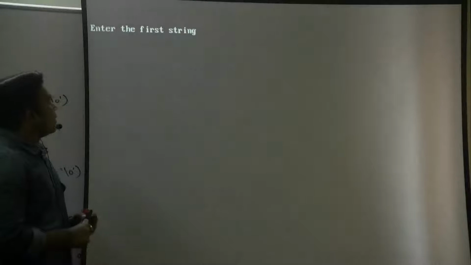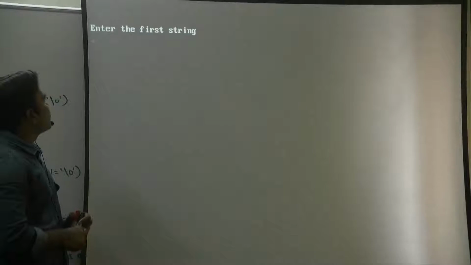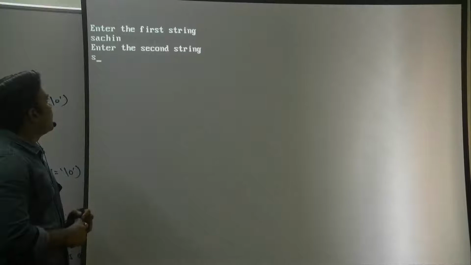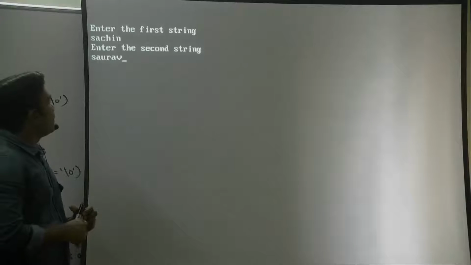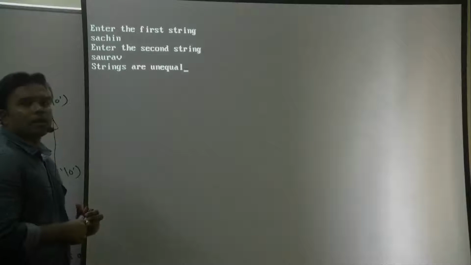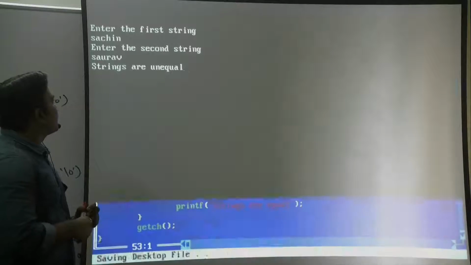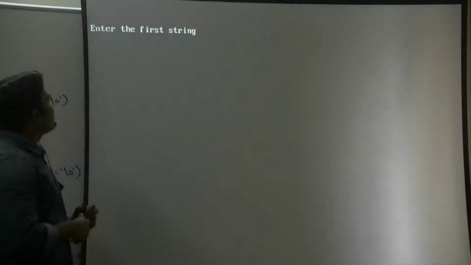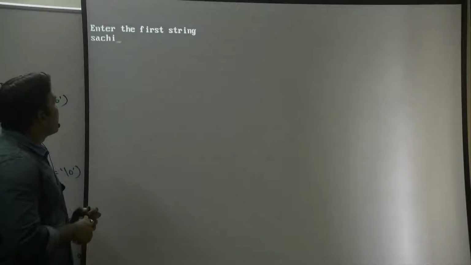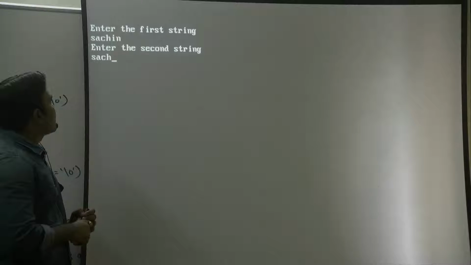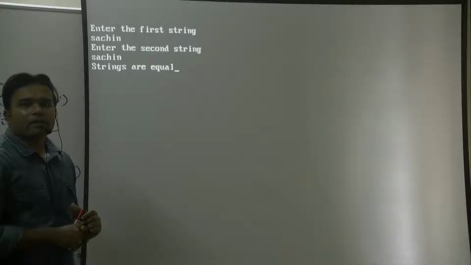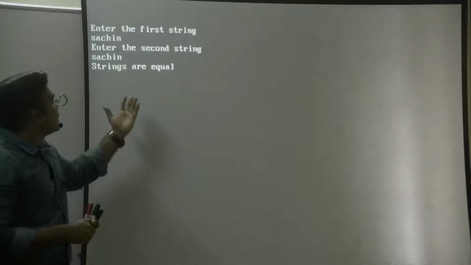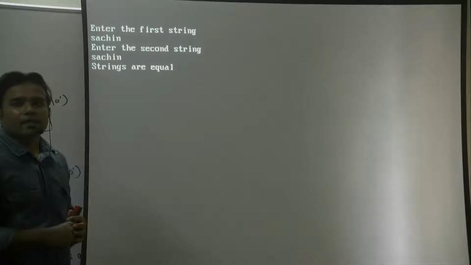In the second one, I would give the first as Sachin and the second as Saurav. Here the lengths may be equal, but the strings are not equal. Hence I would get strings are unequal. Next, I would enter the first as Sachin, the second also as Sachin. I'm sorry, with Sachin and Sachin, I would get strings are equal.